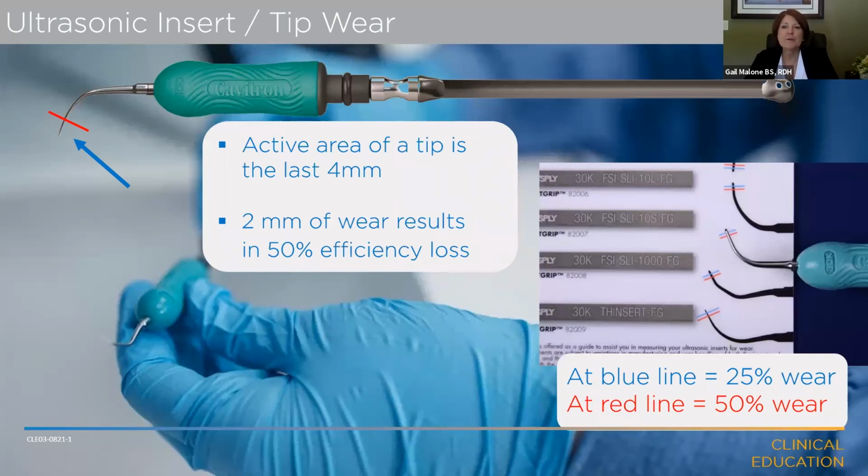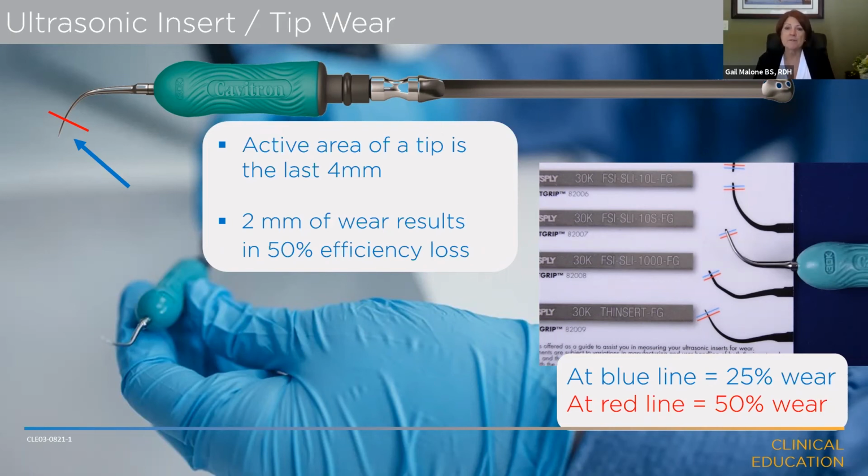So measuring tip wear is the most accurate method for maintaining ultrasonic inserts. And as you can see, 2 millimeters of wear is a small amount of reduction in the total tip length. However, on a 30K insert, 2 millimeters of wear reduces the length of the active tip area by 50%.